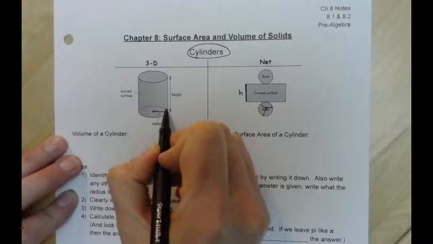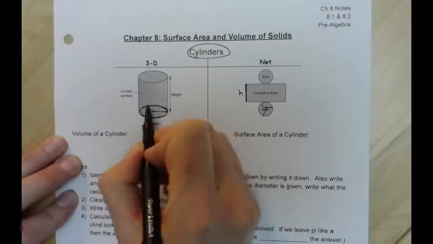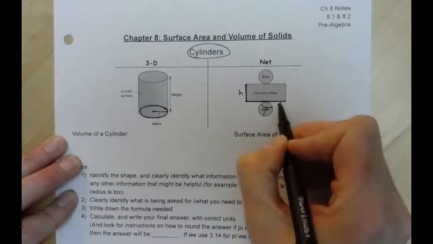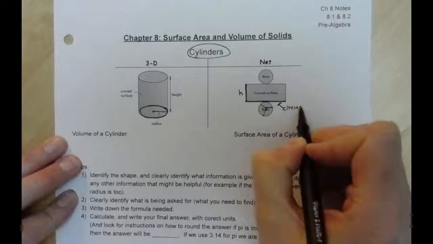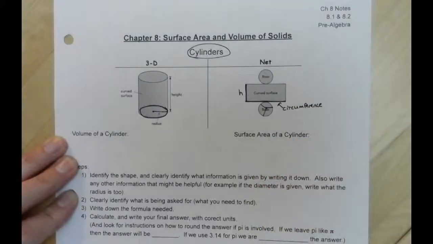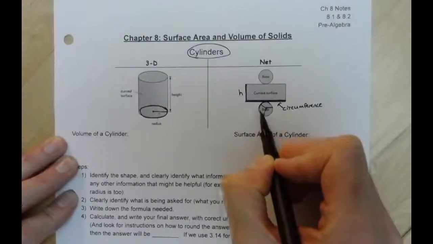We also have the circumference of the circle all the way around here, and that is actually what this length is here. This is the circumference. You can take a moment to picture that, or actually cut a paper towel roll or a toilet paper roll and see how that happens. This circumference is the same length as this.